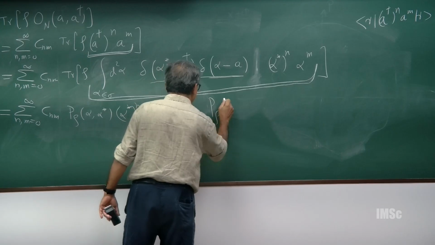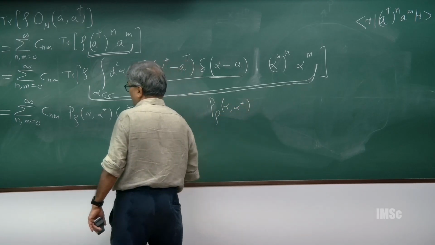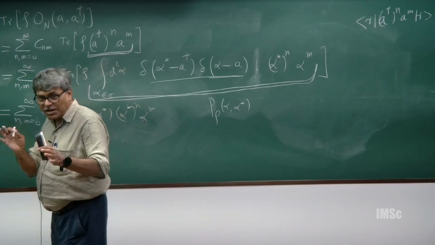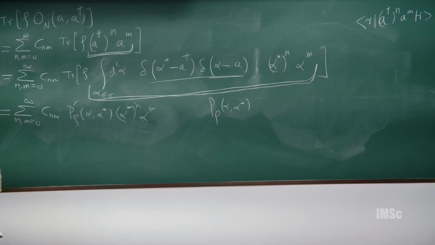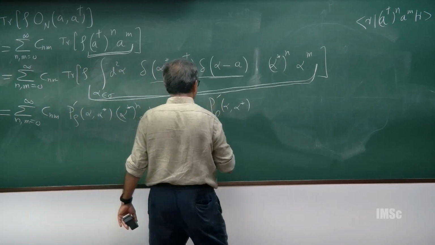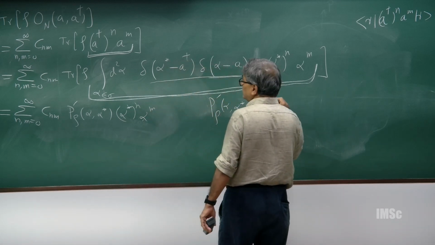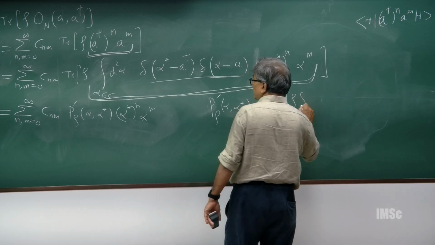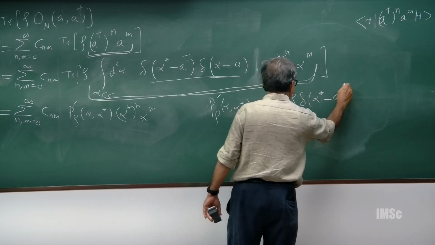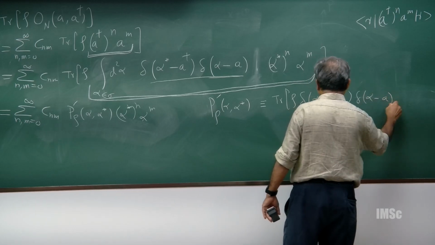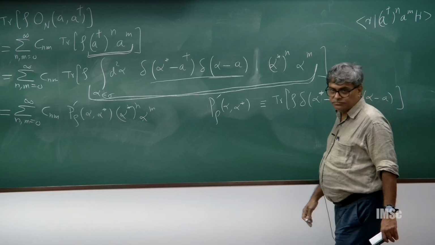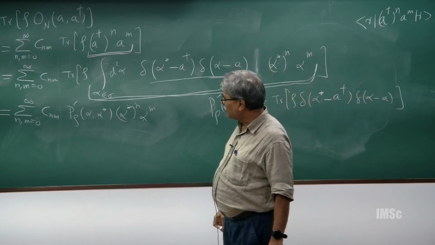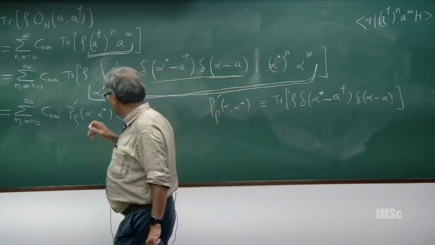And what is P rho in this case? If you are very strict about mathematical symbols, maybe you can put a prime. Then I will show that P prime and P are the same. By definition, this is trace of rho delta of alpha star minus A dagger, delta of alpha minus A. This is my definition of P rho prime.